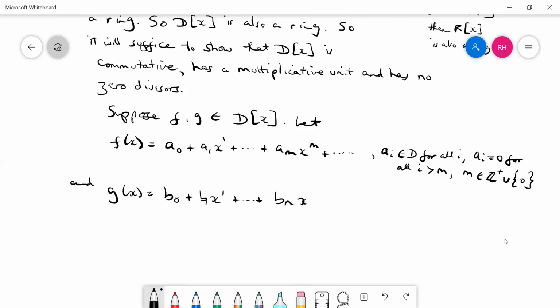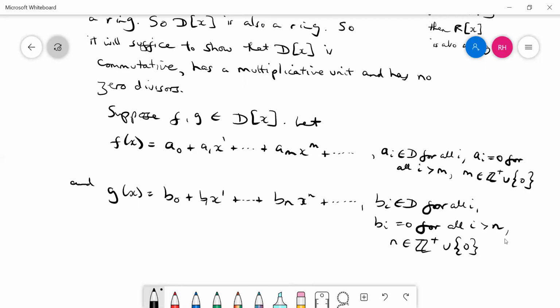So we'll make this bnx^n plus ..., where every bi is an element of the integral domain for all i. bi is equal to 0 for all i greater than n this time, and we'll make n an element of the positive integers, including 0. Okay, so that's good.